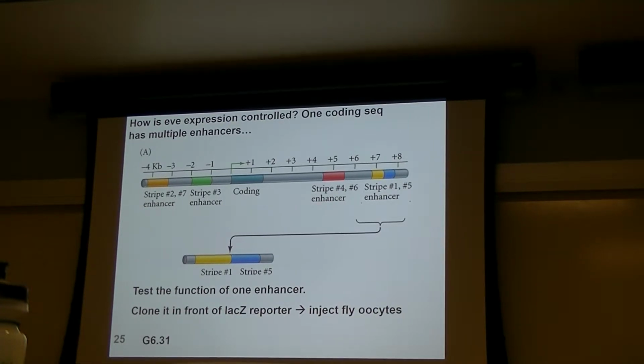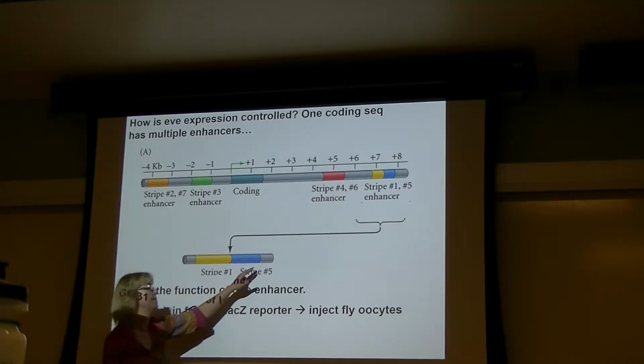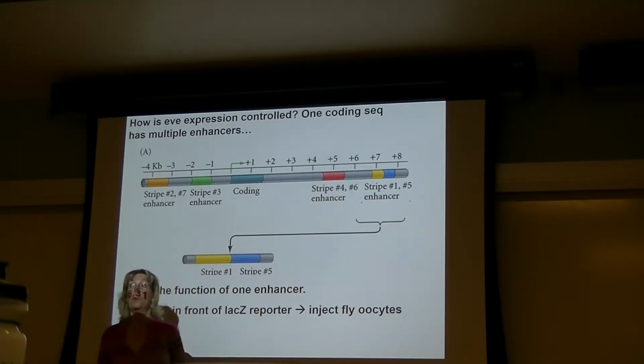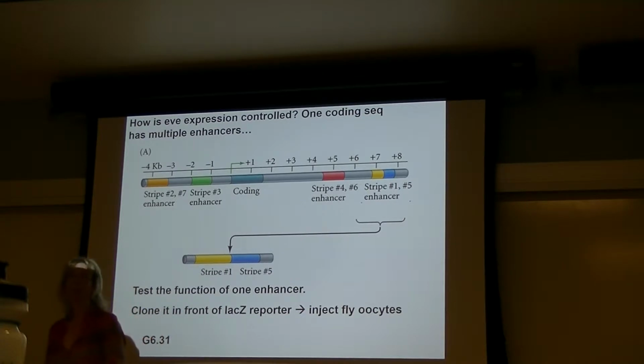And then all these other colored bars, these are the enhancer regions where you have the DNA that is responding to the transcription factors present in different stripe territories within the embryo. And you can do these little experiments where we snip out the region for stripe 1 and stripe 5, and then clone that in front of some kind of reporter gene, like GFP.